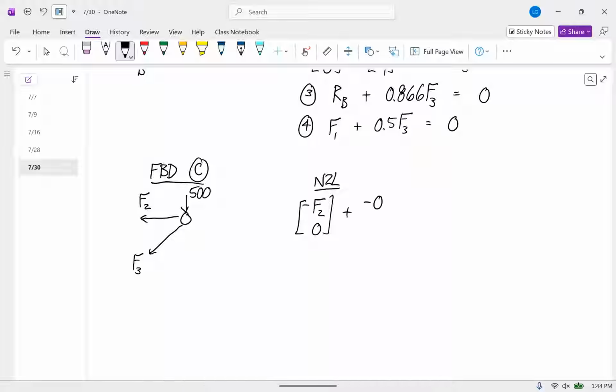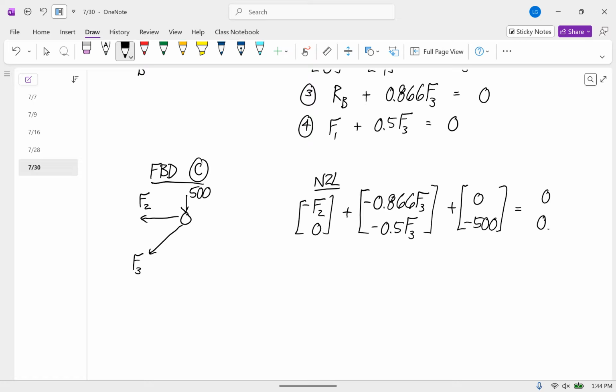So this is negative 0.866 F3, negative 0.5 F3, plus 0, negative 500 is equal to zeros.